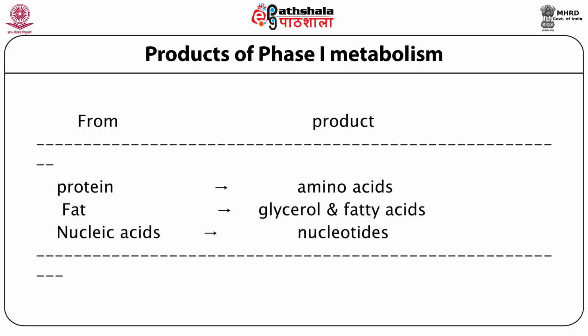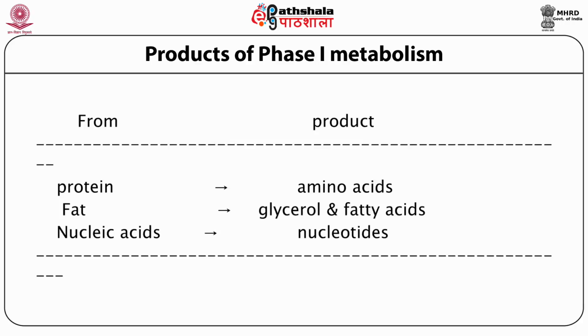In phase 1 metabolism, the macromolecules present in the food, like proteins, fats, nucleic acids and polysaccharides, are broken down into their monomeric components. As indicated in this slide, proteins are digested in our gut with the use of enzymes called proteases, and the products are the building blocks called amino acids.